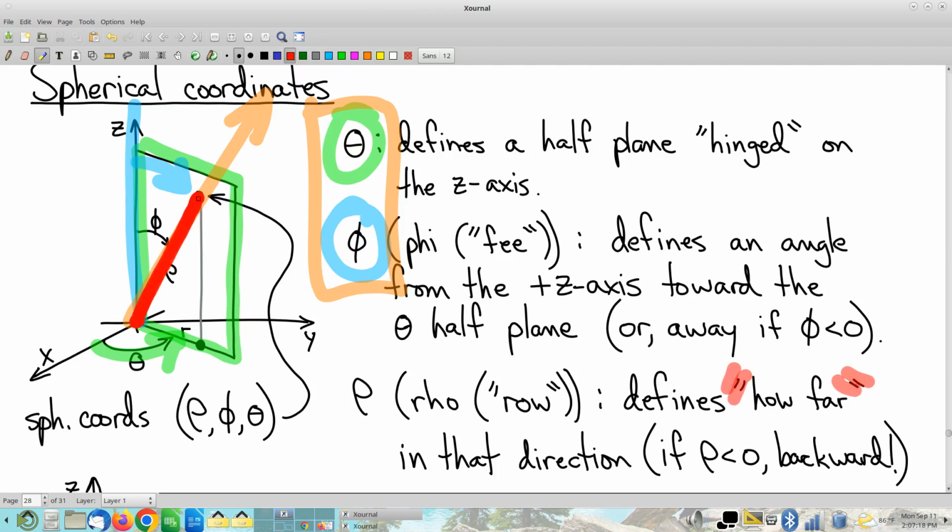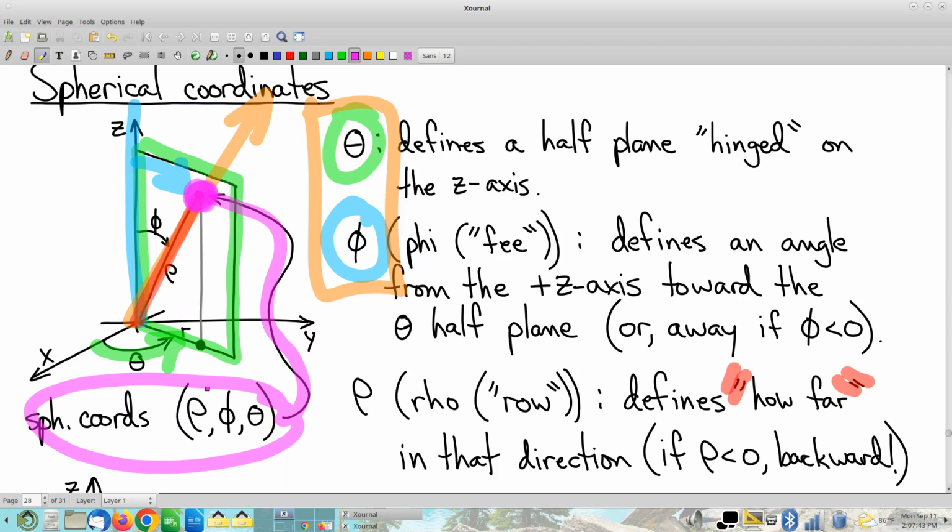And maybe we go that far, thus putting us at a point. And that then is the point with those spherical coordinates. So theta and phi define a direction. Rho says how far, air quotes, to go in that direction. And that puts you at a point. So now let's talk about the air quotes.